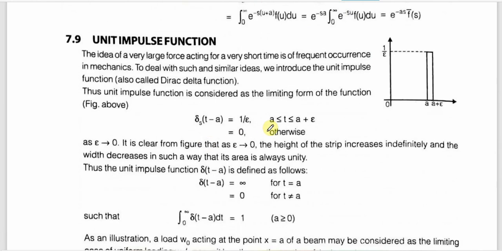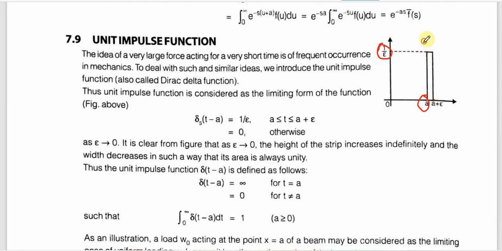Okay, now the unit impulse function. This is not much important, but you can see from here, from some value of a to a plus epsilon, the height will be 1 upon epsilon.